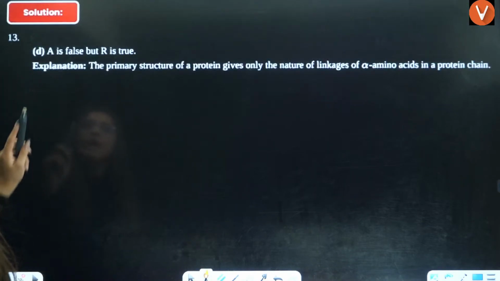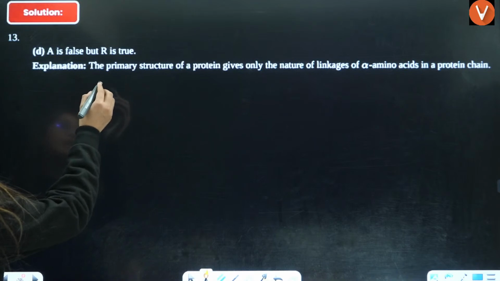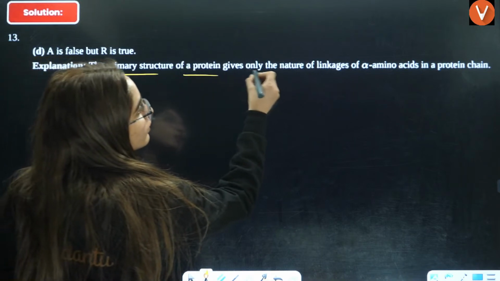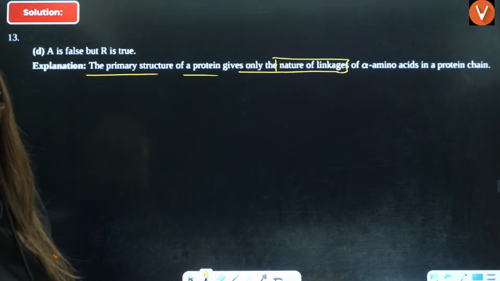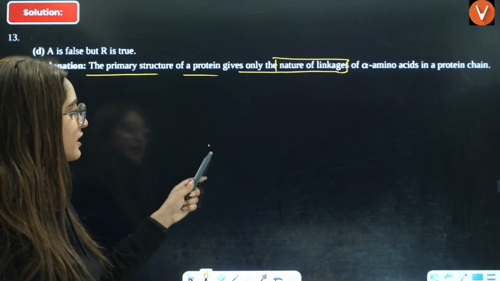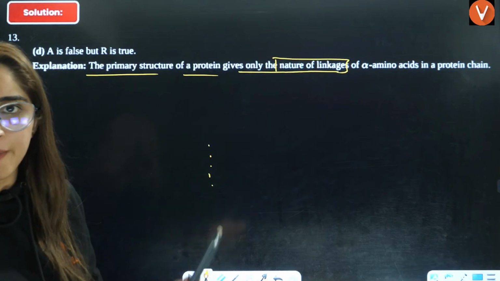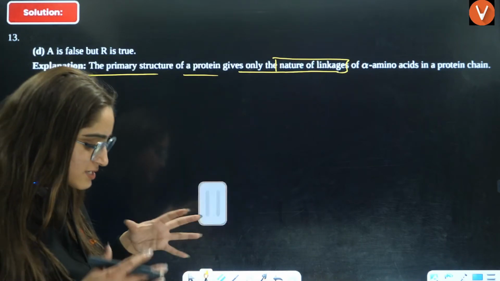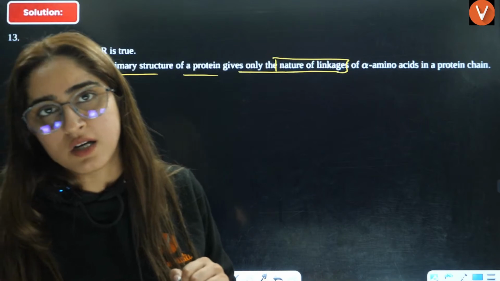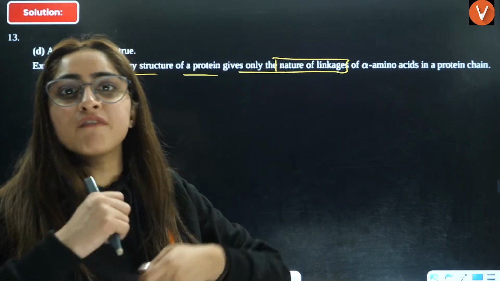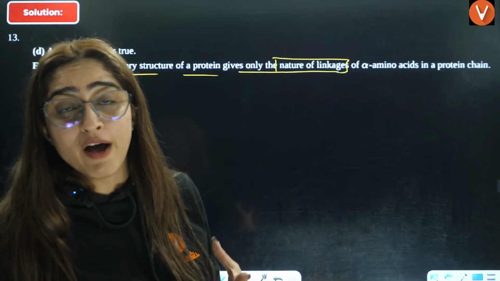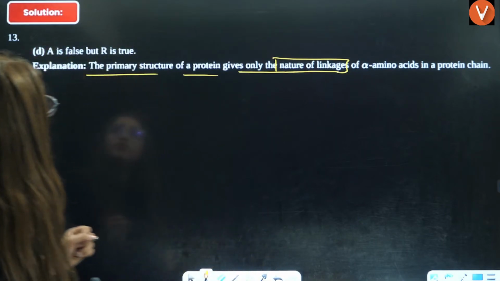So basically, as you can see here, the primary structure of protein gives only the nature of linkages in the alpha amino acids. How amino acids are linked to each other, that is the primary structure. How they are bonded in 3D to each other gives the secondary structure, like alpha helix and beta pleated sheet. So the assertion is not right.